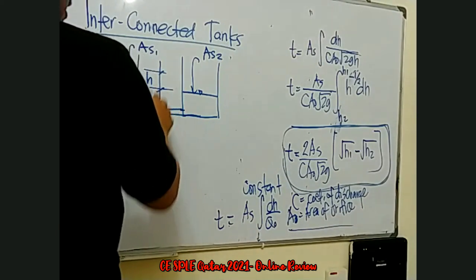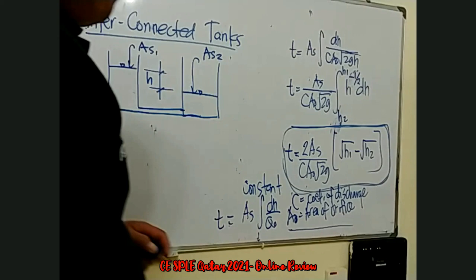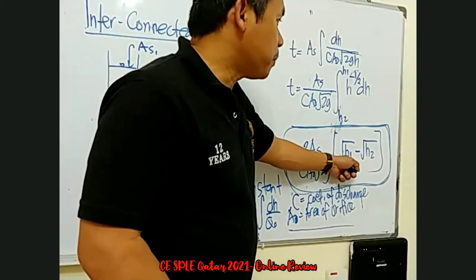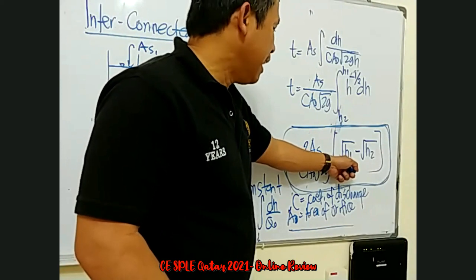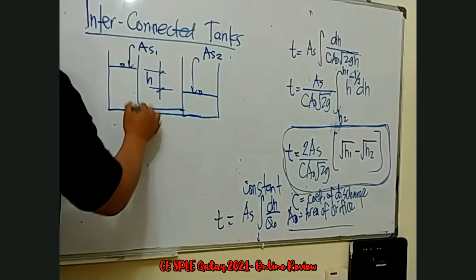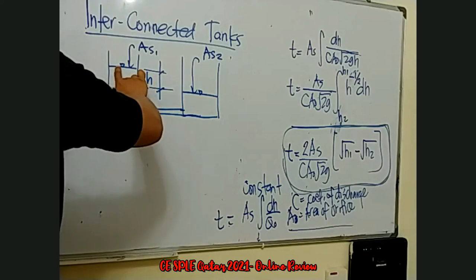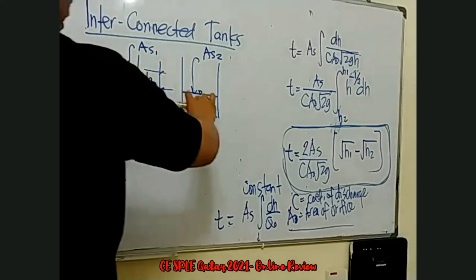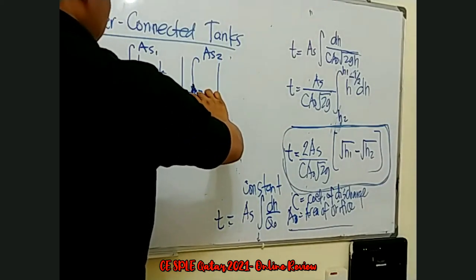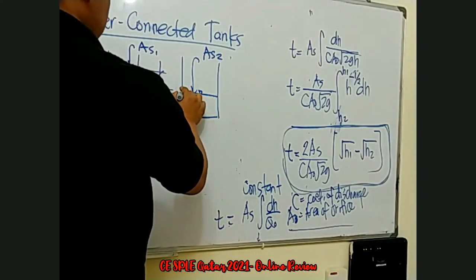Yung sinasabi nating edge dito, by the way, yung kanina, di ba ang edge dito should be the difference between the in at saka out. Okay? Ang in dito, it should be this one. Ngayon, ang out dito should be this one. But it should be the difference between the two.